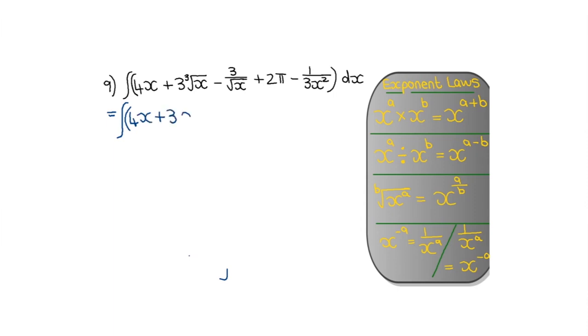Now, how will I write this in exponent form? There's actually an exponent 1 inside, which will form the numerator part of the fraction. So it's 3x to the power a third minus 3 over x to the power a half plus 2 pi minus 1/3.